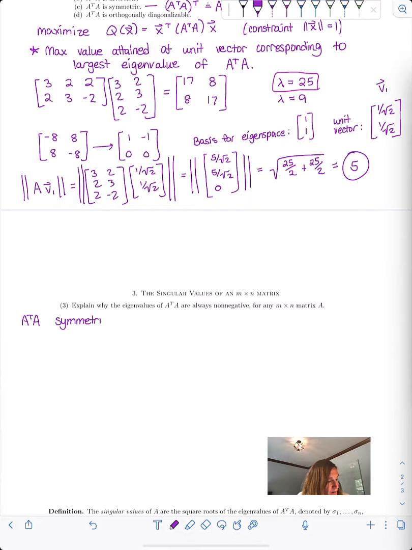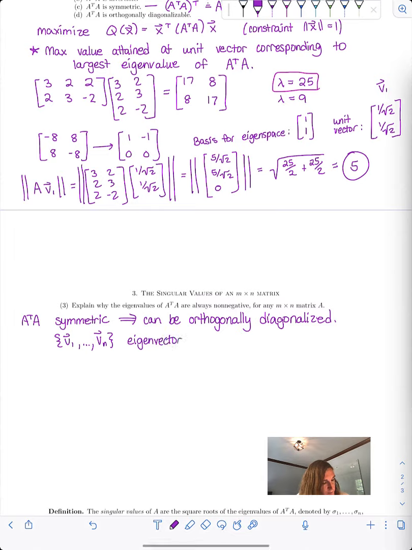Hopefully you got that right on your quiz question. And so that means that it can be orthogonally diagonalized, and so let's let v1 through vn be an eigenvector basis for Rn.